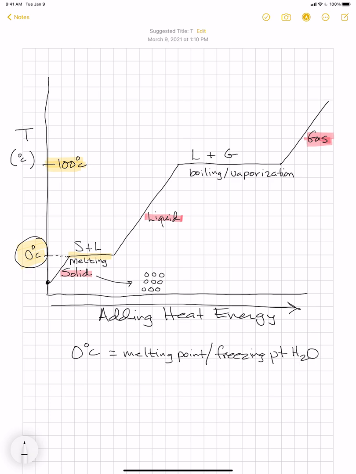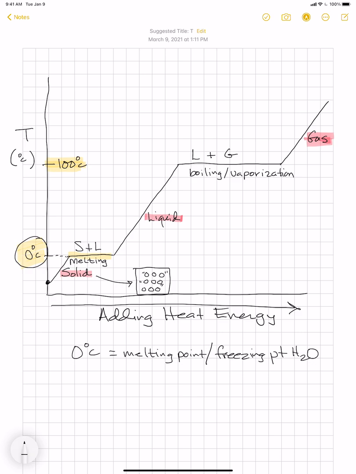All right, now as we add heat to that solid that you see right here, this ice cube, these molecules begin to vibrate. They begin to move with more and more motion, the more energy you add to them. They're vibrating, okay?